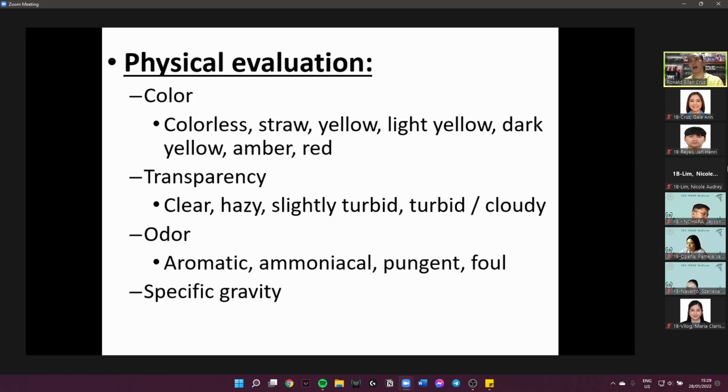Now, sometimes the color of the urine can point to pathologic conditions. For example, a tea-colored urine usually points to a glomerular problem, for example glomerulonephritis. Or if your urine color is red, then bleeding might be happening. But sometimes a red color, which usually portends blood, may be normal, most especially if your patient is a female having her menses at that point.